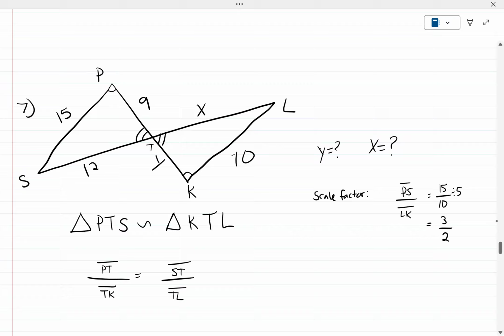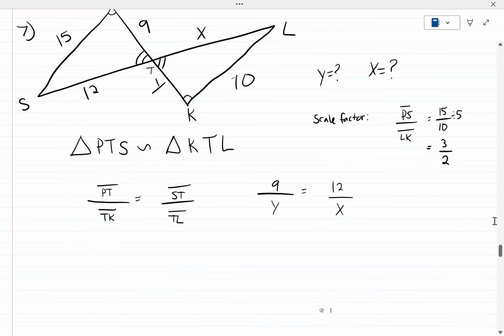Then just fill in your blanks. PT is 9. Line segment TK is Y. ST is 12. And TL is X. As you can see, we can't just cross multiply because we have two unknown variables.